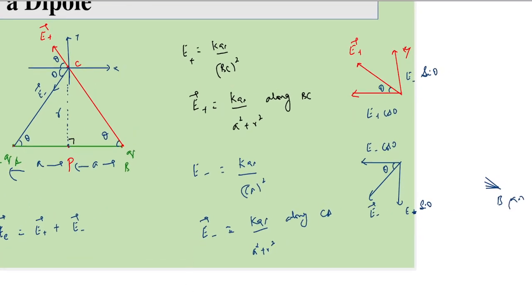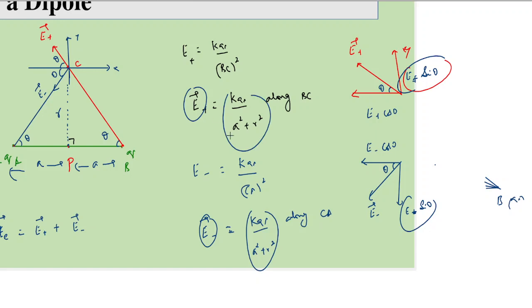Out of four components, observe carefully that E plus sin theta and E minus sin theta are in opposite directions, and E plus and E minus are the same in magnitude as given here, which means the y components of both the fields get cancelled.